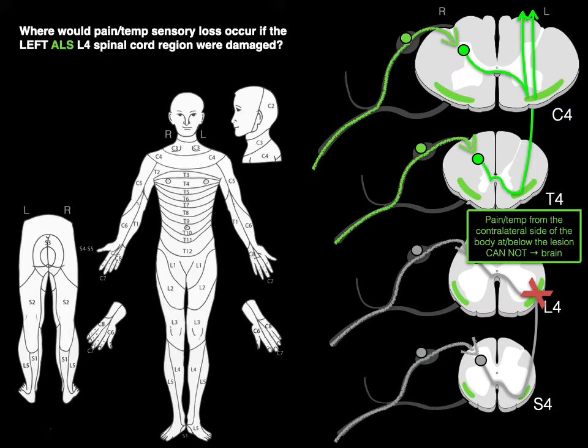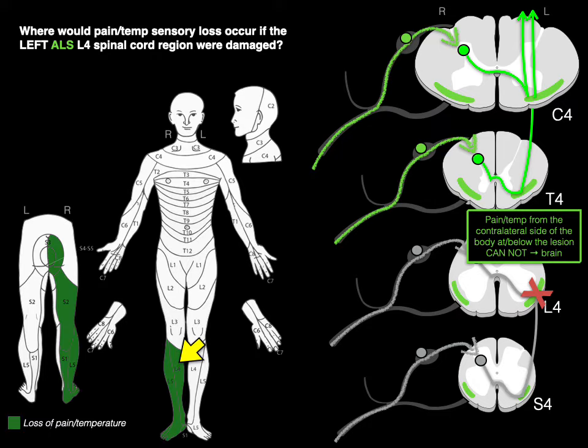And if the brain cannot perceive that input, then the brain does not recognize that sensation occurred. So if the lesion is in the left anterolateral system, then we'll have right-sided loss of pain and temperature at and below that level.